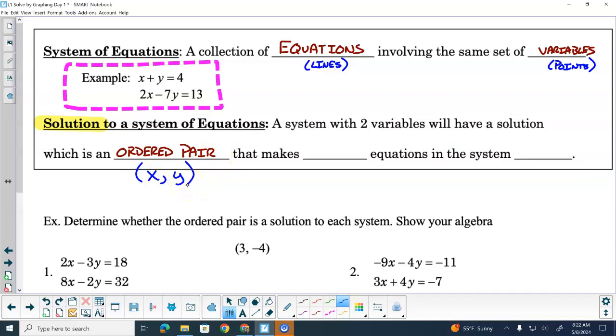And it's going to have a solution that's a point that makes this is the key word right here, both, not just one, it makes both equations in the system true.